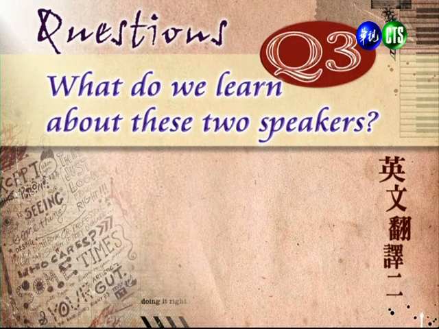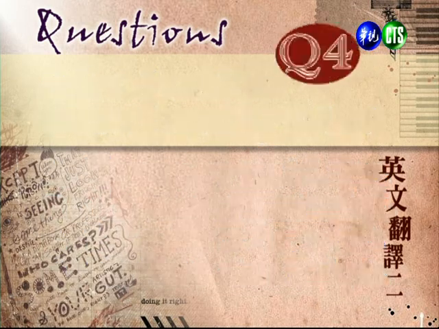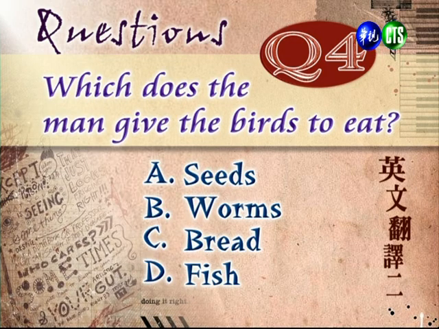What do we learn about these 2 speakers? They are on special diets, they attend graduate school, they have traveled in Europe and Asia, they like to raise animal pets. They attend the graduate school. Which does the man give the birds to eat? Seeds, worms, bread, fish. Bread.